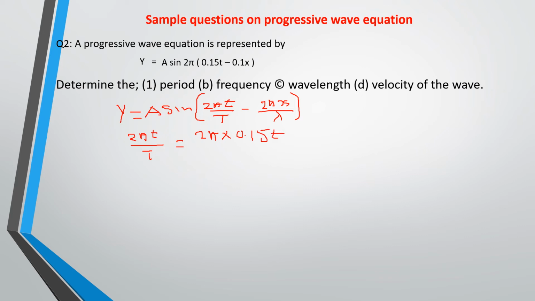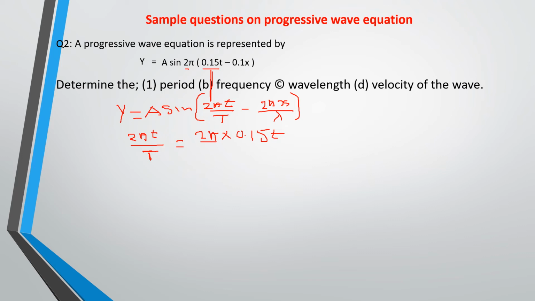Because I told you to use this 2 pi that is here to multiply what is here, so that these two equations can look the same. Don't forget that here you are looking for the period. So you can do your cross multiplication so that you find the period of the wave.